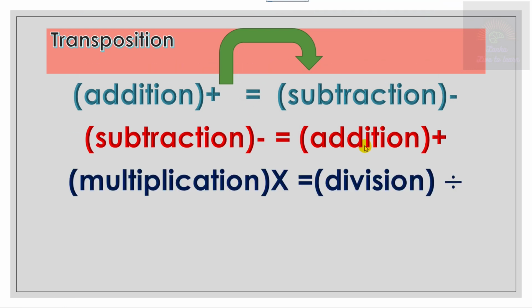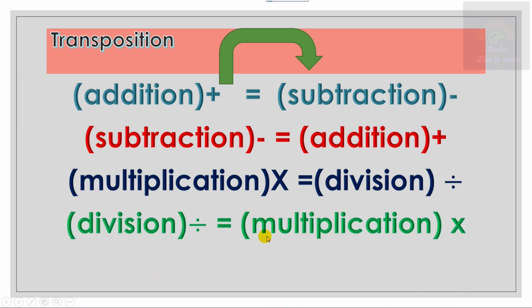Similarly, if you multiply, suppose times 2 is there, and you send it to the other side, it will divide by 2. Finally, division becomes multiplication. This is a very important thing. You have to keep these things in mind when you are solving a linear equation in one variable, because if you don't know the basics, you can't solve this.